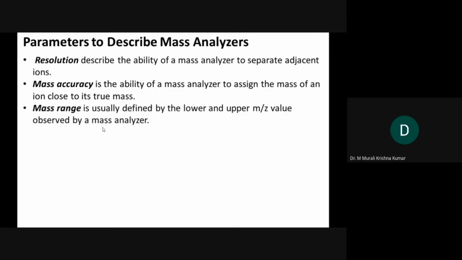Third one is mass range. Mass range is a very, very important entity, because if you see the type of organic compounds or inorganic compounds that we come across in biological systems, they can be as simple as adrenaline, noradrenaline, etc., and they can be as complicated as immunoglobulins.